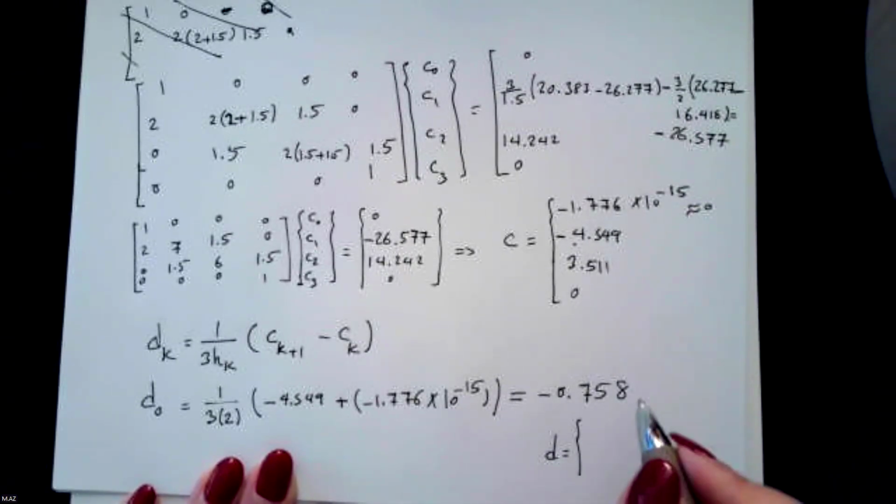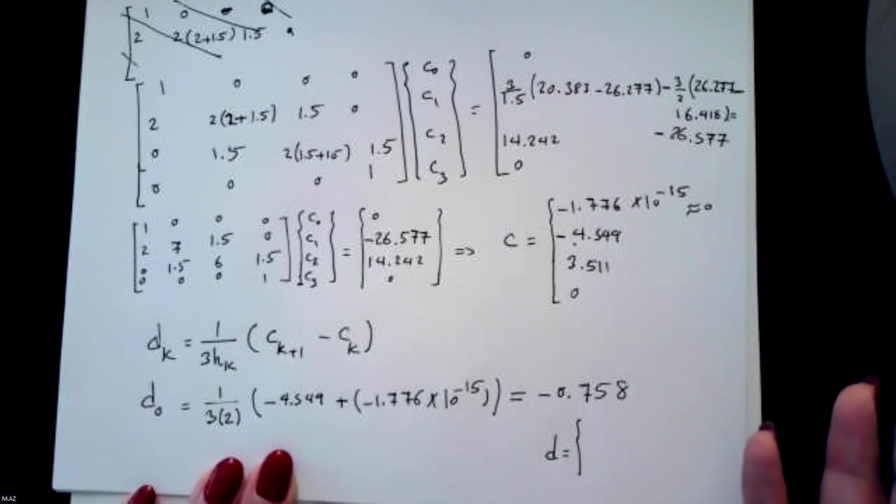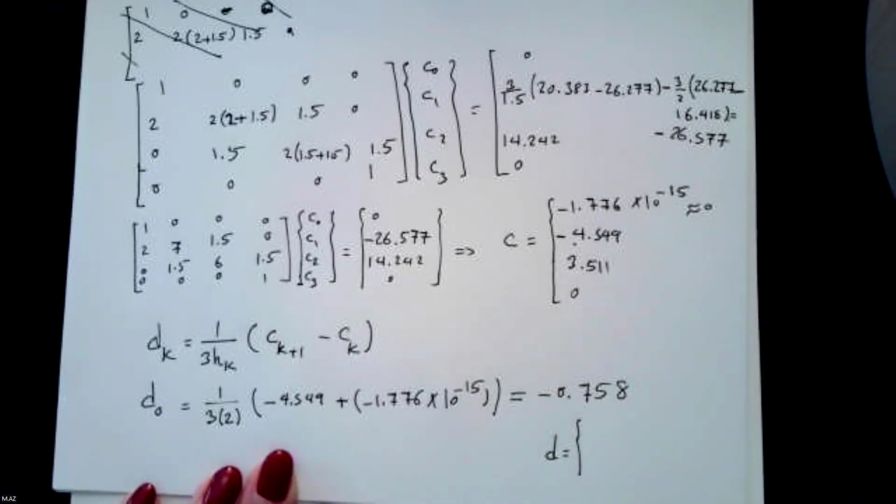This is the other value for the D. Because for these 4 data points, we have 3 intervals, or we have 3 cubic splines.